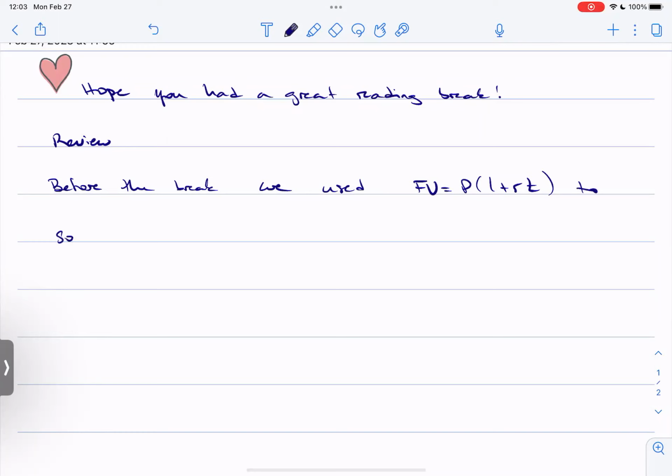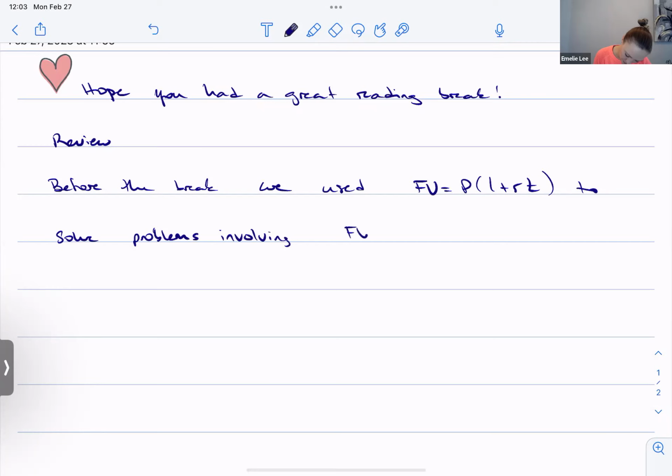To solve problems involving the future value, the present value, the interest rate, and time. That's really all we did.